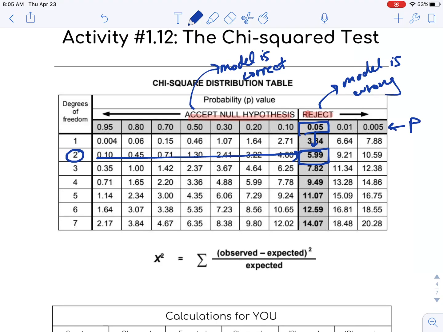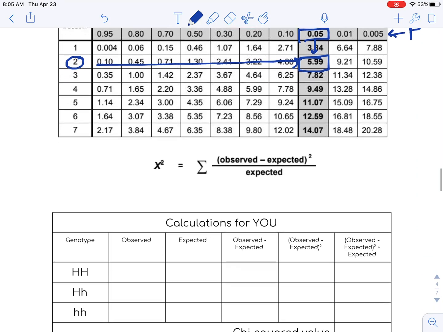So since we probably want to be right, we want to be on this side of the line. So just remember, if we're below 5.99, we're right, and if we're above 5.99, we're wrong. And being wrong isn't bad, it just means that we don't have the right model, and we have to find the right model until we are below, and then we can say our model is correct.